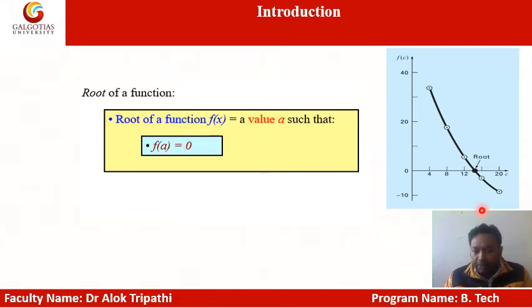So means the value of the function at this point will be 0. So we can say that root of equation f(x) equals to 0 is that value of x from which the graph of the function cuts the x-axis.